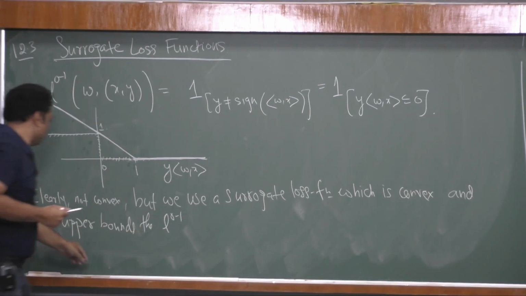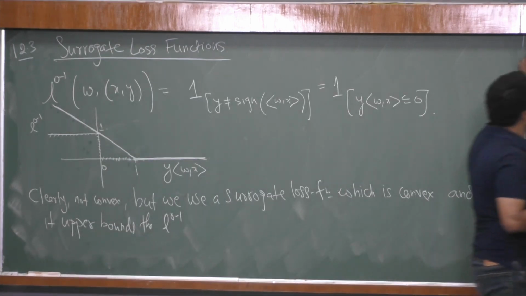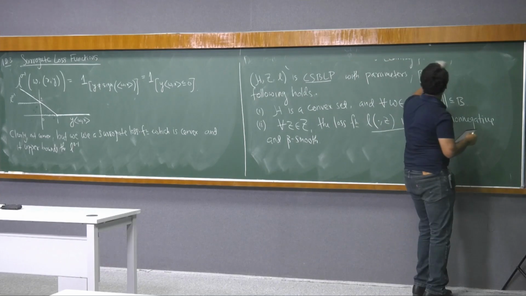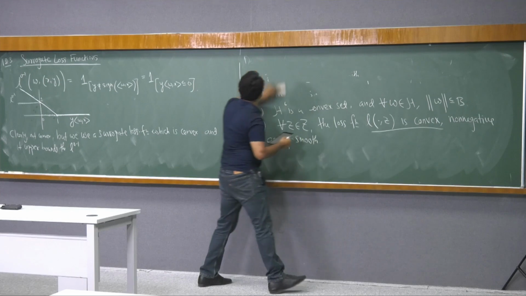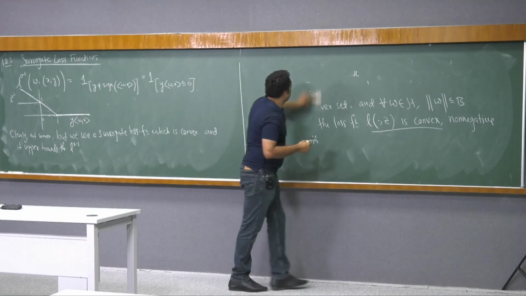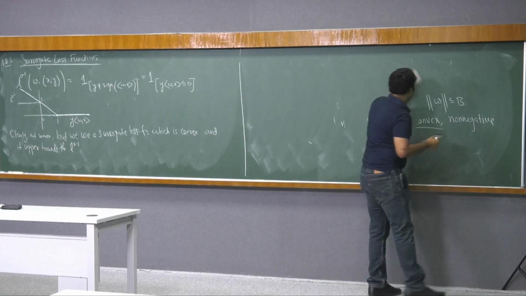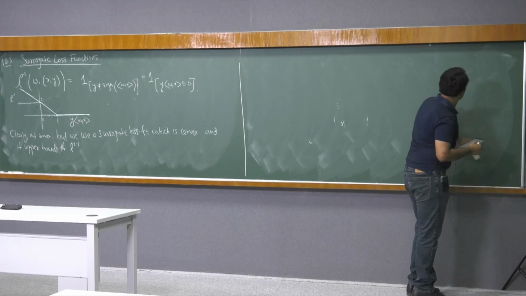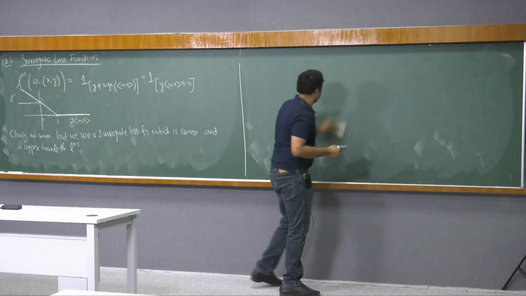This is actually part of the definition of a surrogate loss function: usually surrogate loss functions are defined to be convex, and to upper bound the previous loss for which it is a surrogate.